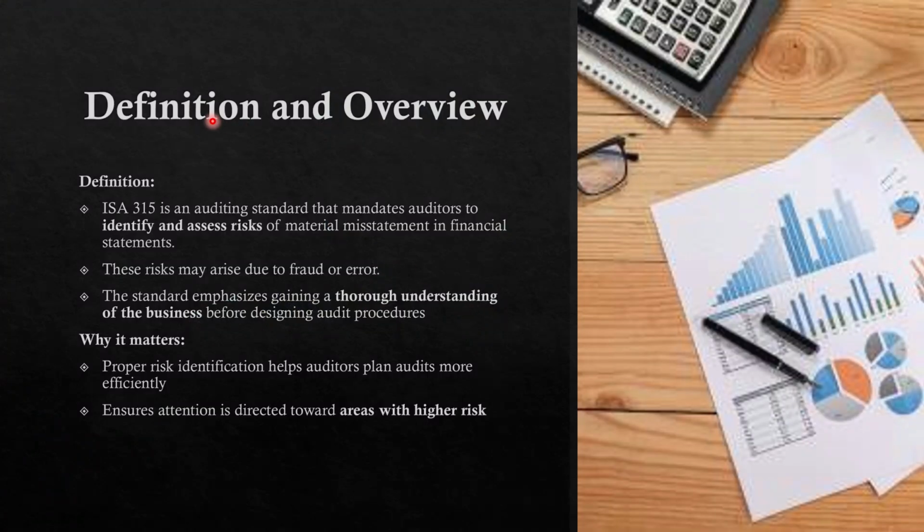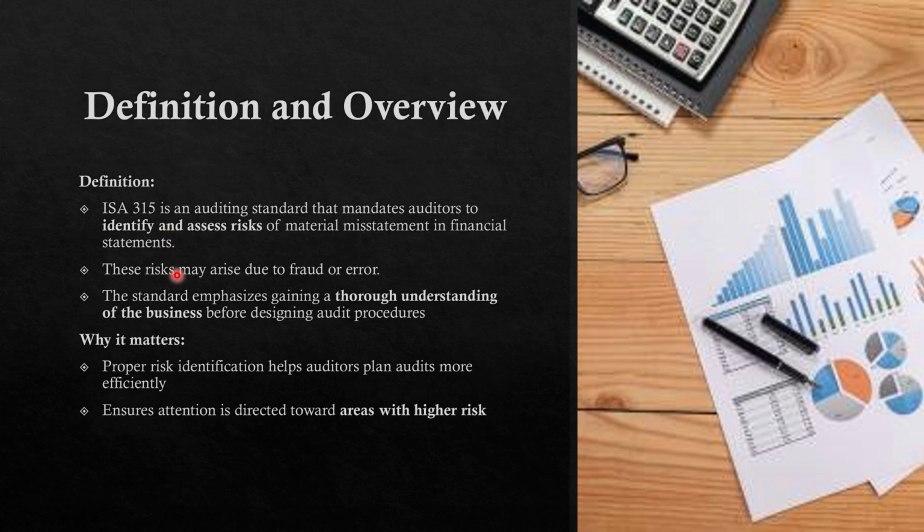Starting off with the definition, ISA 315 is an auditing standard that requires auditors to identify and assess risks of material misstatement in financial statements. What is a material misstatement? A material misstatement means an error or fraud that is significant enough to influence decisions made by users of financial statements.